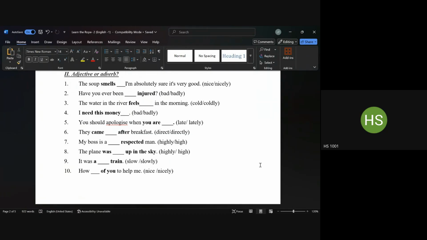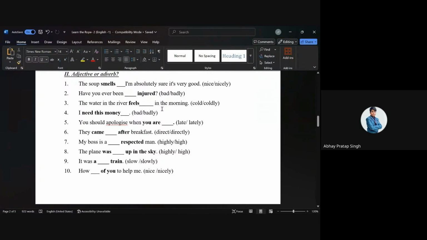Okay, second one: have you ever been dash injured? Badly. Badly injured. Injured is an adjective, right, and badly is your adverb. Badly injured. The water in the river feels dash in the morning.